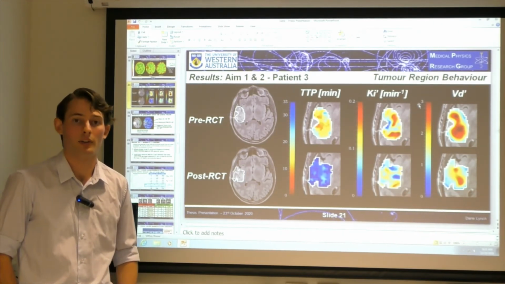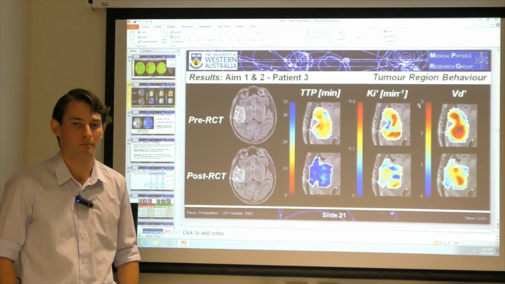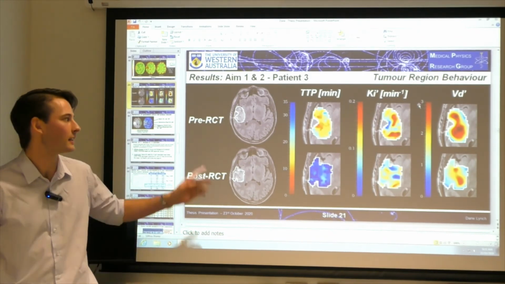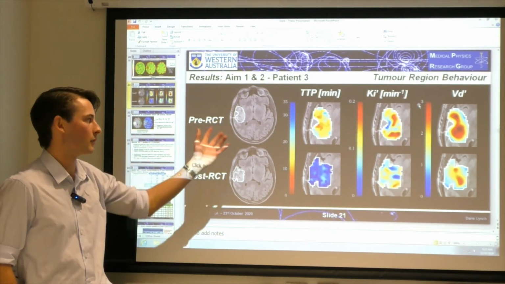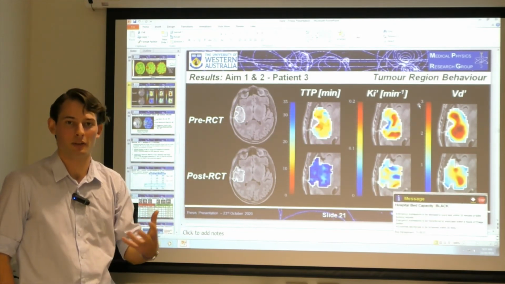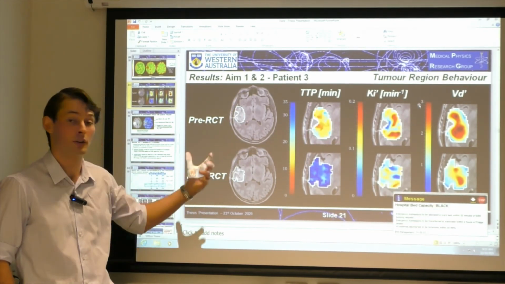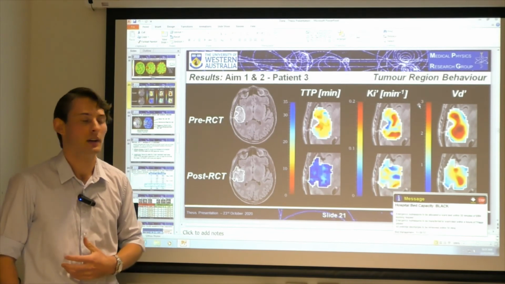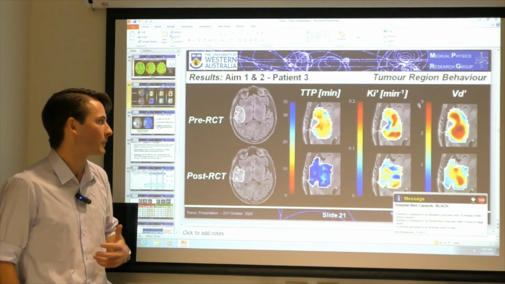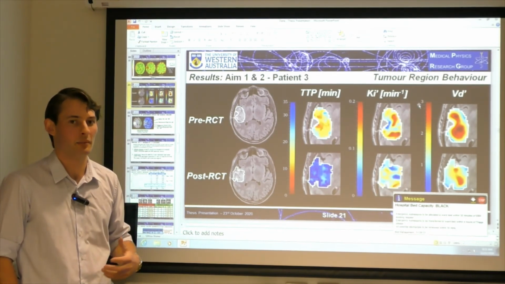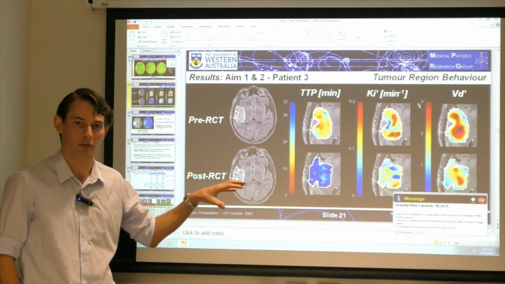Yeah, there was. These regions are purely based off the raw static images. All these contours were done on static PET images. So there's definitely going to be uptake which might not be within that region that was contoured.